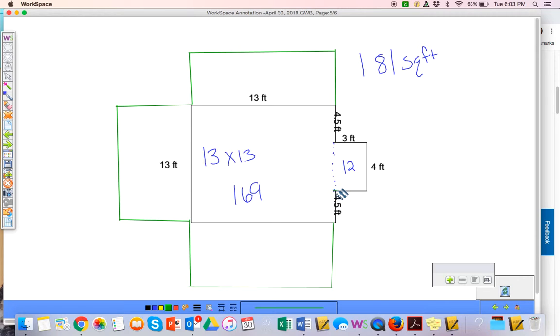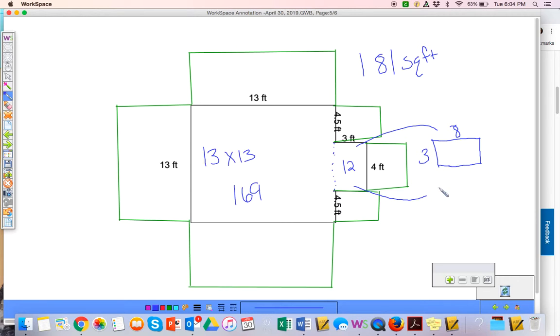Okay, so I'm going to pull this one out. Oops, that should go there. Okay, and then it's going to be 3 feet by 8 feet, and we need to times that by 2 because you have 2 walls that are 3 feet by 8 feet.